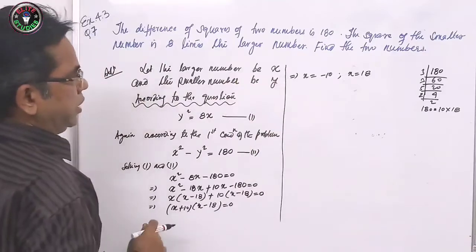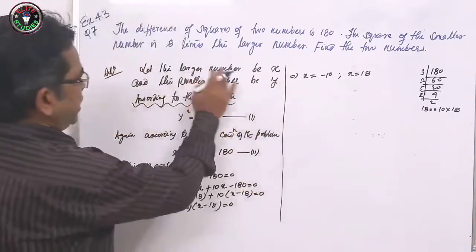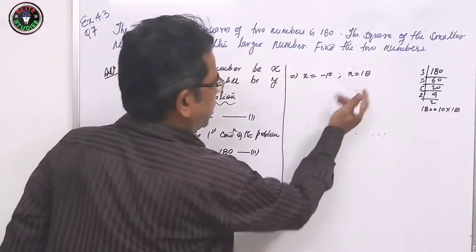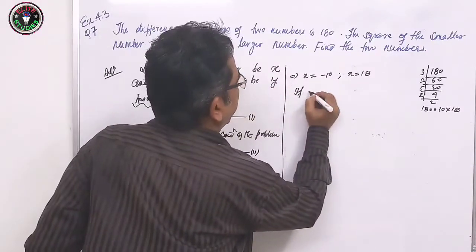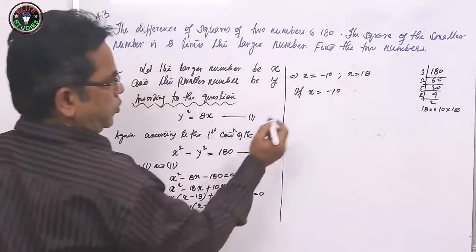So we got two roots. What is possible? Larger number and smaller number, both are possible. So you have to study both the cases.